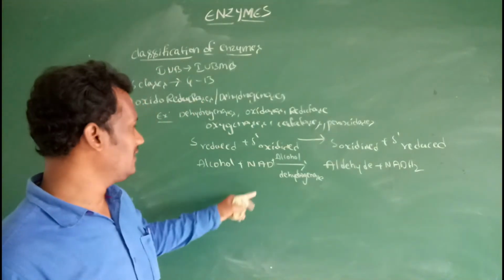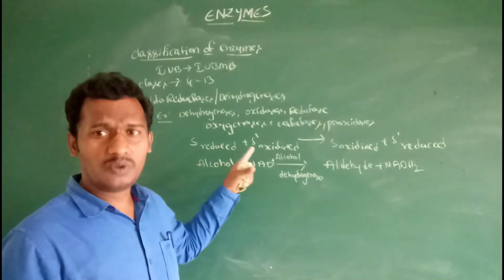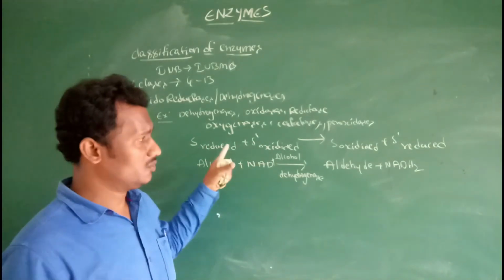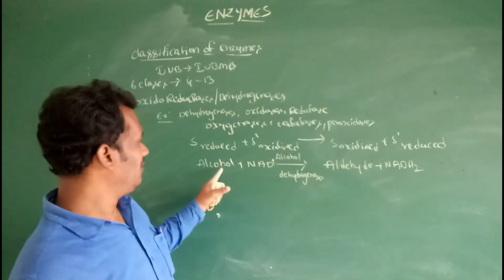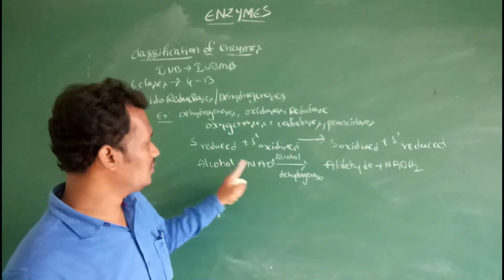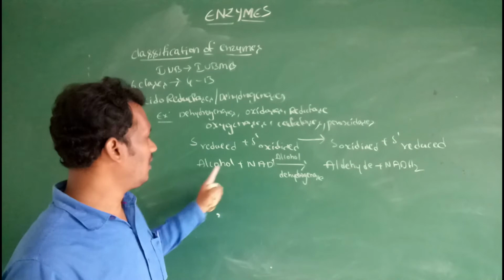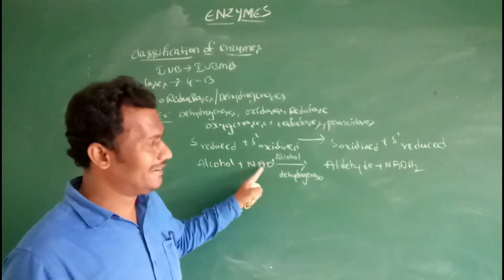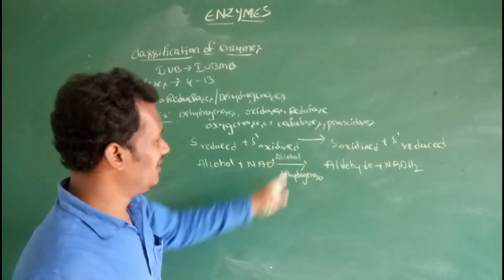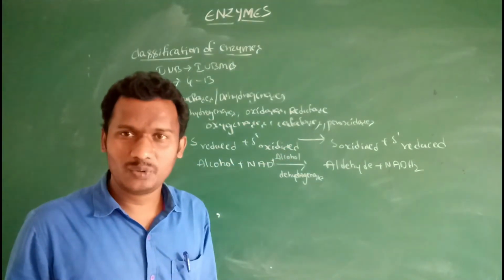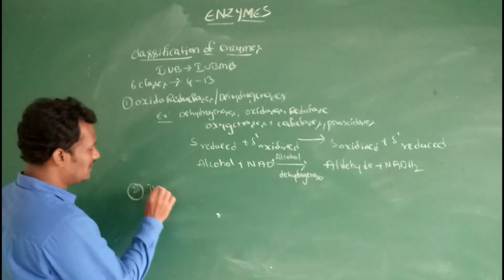Here electrons, protons, hydrogens are transferred from alcohol to NAD plus. NAD plus is reduced to NADH2. This reaction is catalyzed by alcohol dehydrogenase enzyme. Next, second one, transferases.